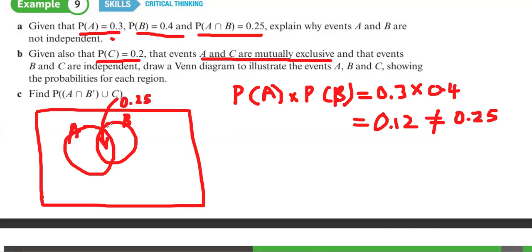Can you find this one? Probability of this area, how much? Total P(A) equals 0.3. Intersection equals 0.25. Therefore, balance is?